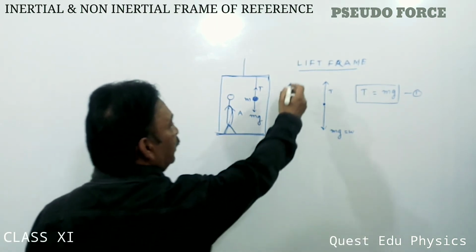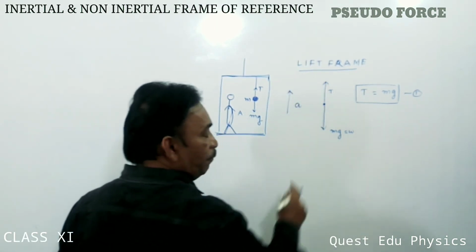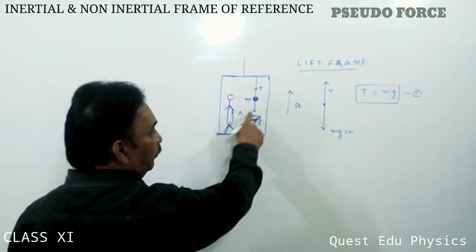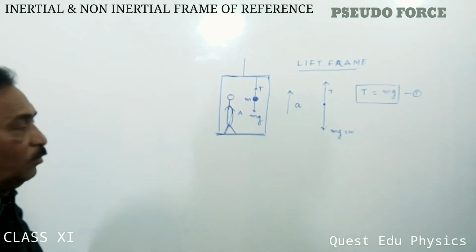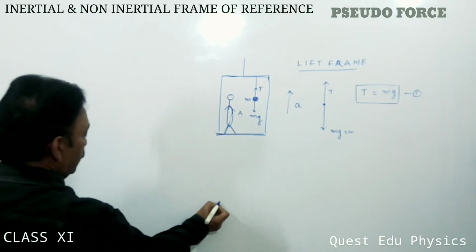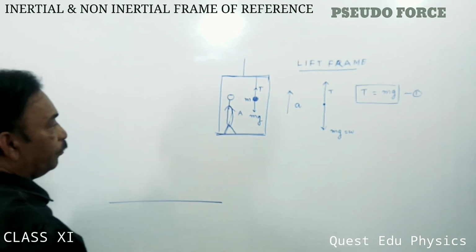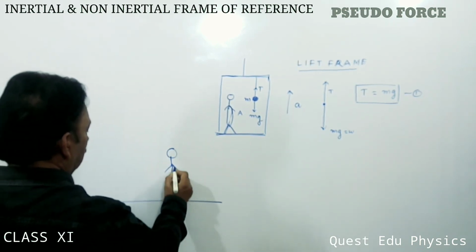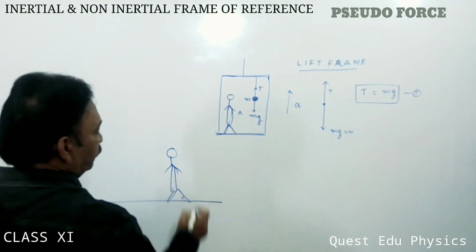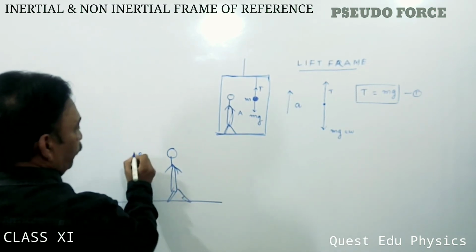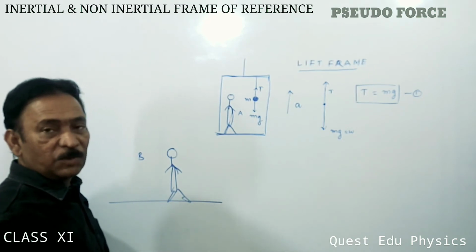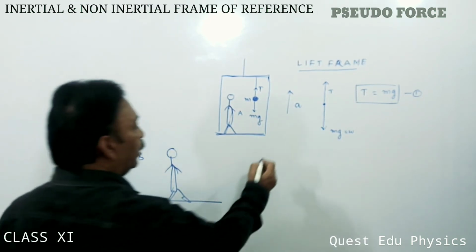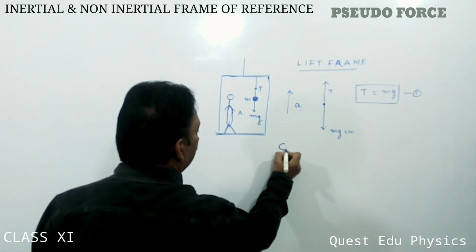Okay, it is the lift frame as observed by the person who is in the lift. Now think, it is the ground frame and another person, say B, is the person who is standing here and is observing the same thing. Say it as the ground frame.